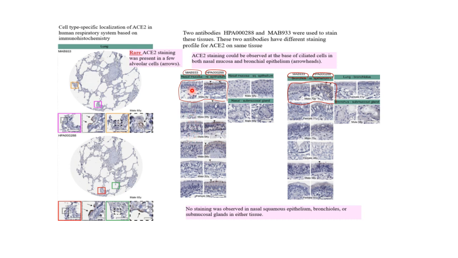So these are different histological sections taken from different patients, and they're stained with either of the two antibodies. So there's the antibody MAB933 and there's the antibody HPA000288. Both are antibodies directed against ACE2.